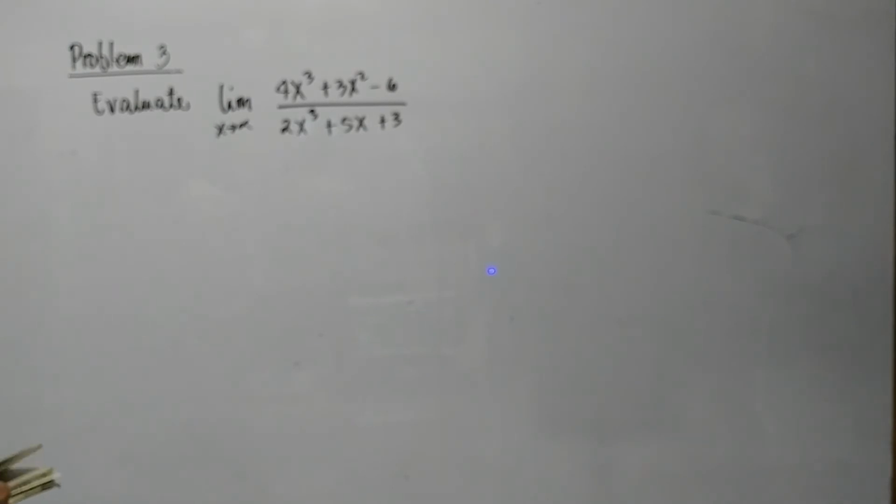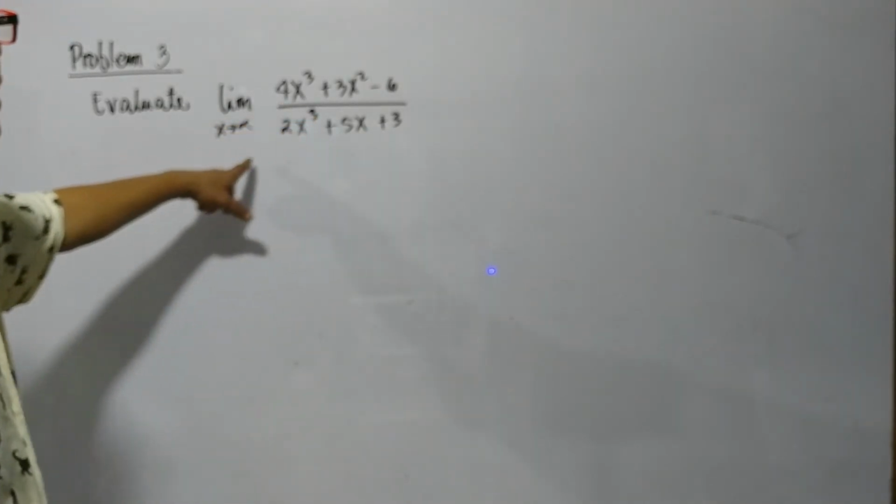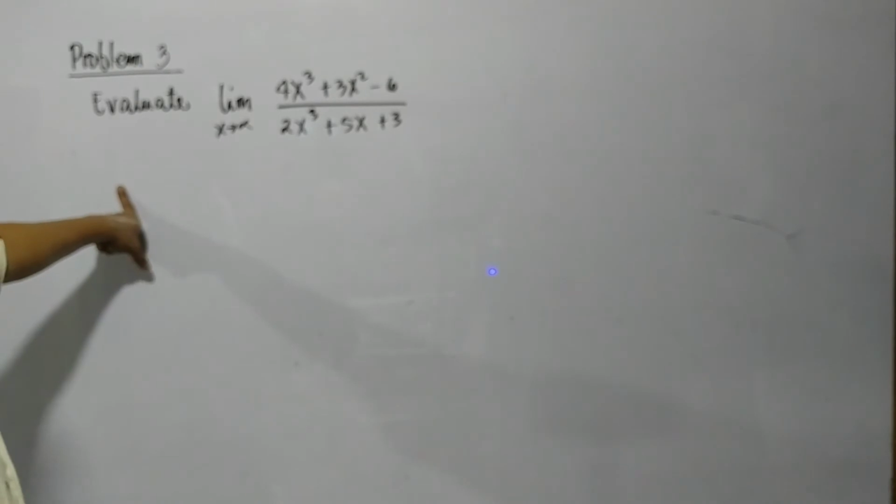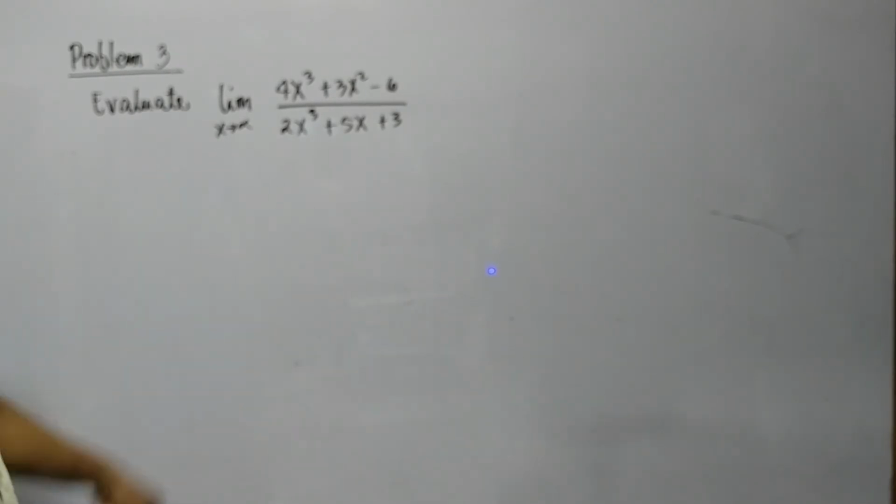So we have to evaluate the limit of 4x cubed plus 3x squared minus 6 all over 2x cubed plus 5x plus 3 as x approaches infinity.